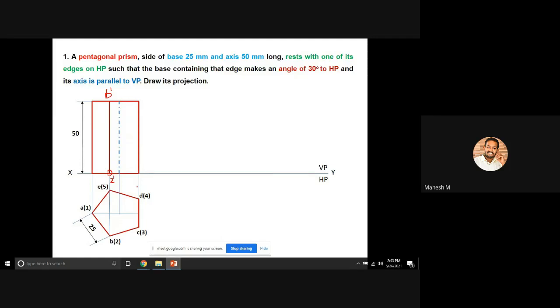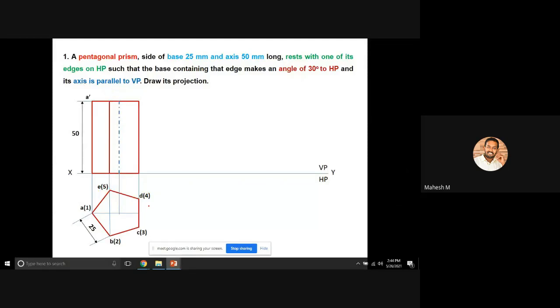Then what are the rest of the points? The next points are D of 4 and E of 5. You can't see D of 4 and also E of 5. For that, you have to name these points within brackets.